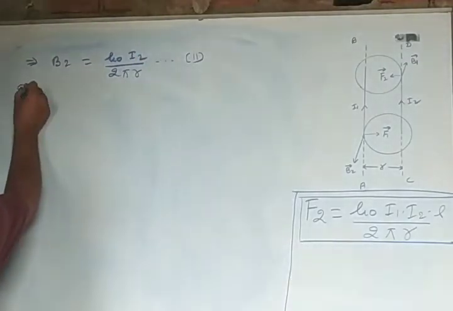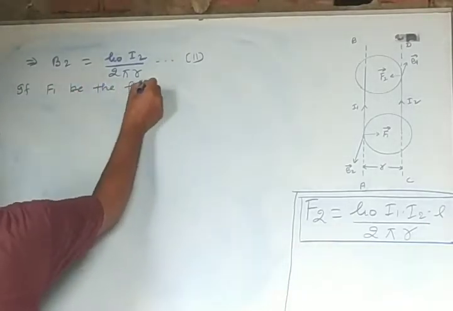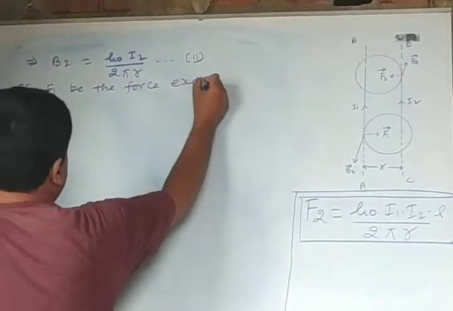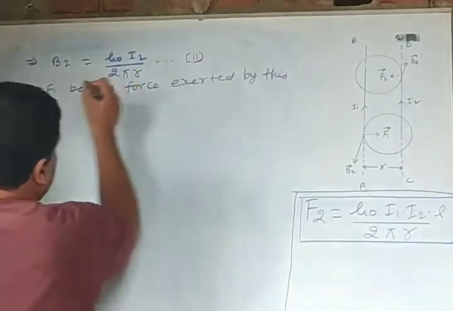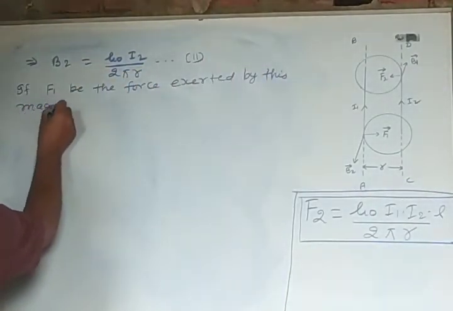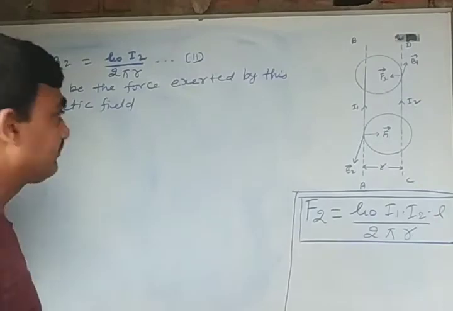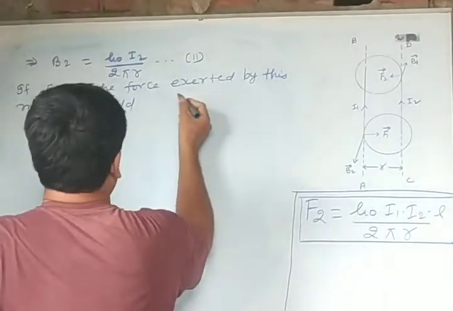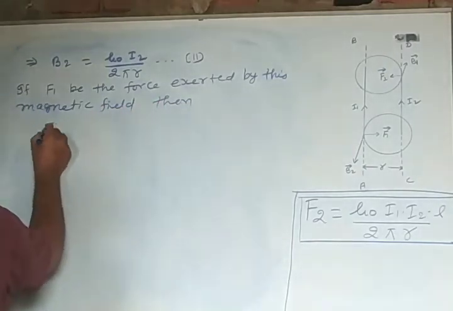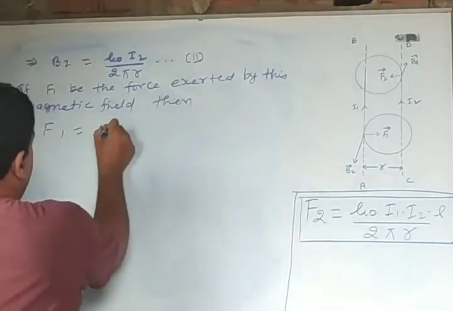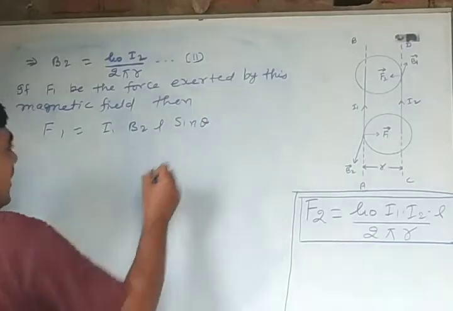If F1 be the force exerted by this magnetic field, then F1 is equal to I1 B2 L sin theta.